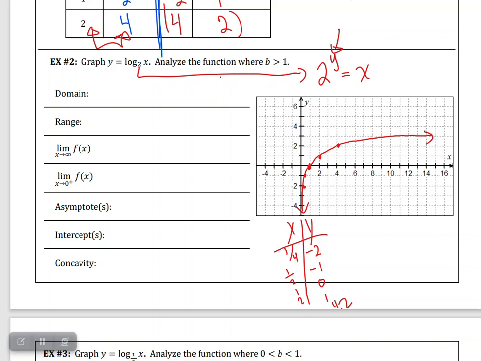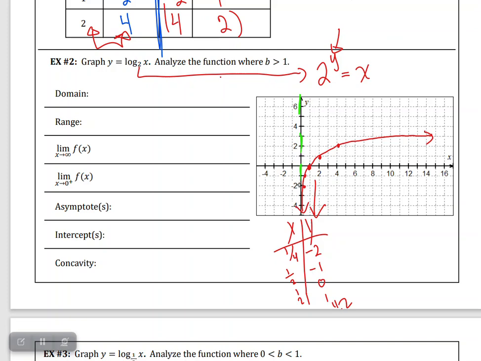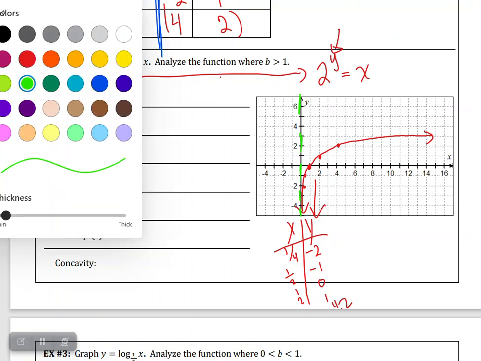And a couple of things. You can see that as we go this way on the graph, 1/2, 1/4, it's getting closer and closer to that 0, but it won't touch. So there's an asymptote.